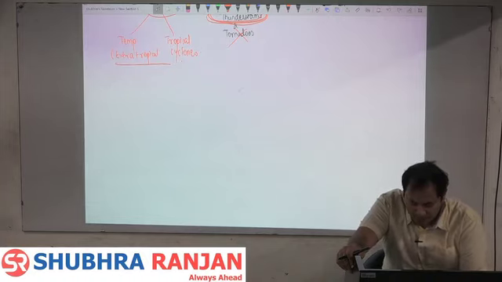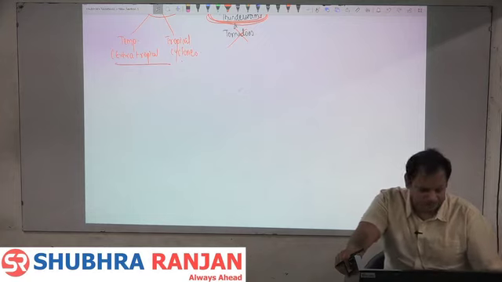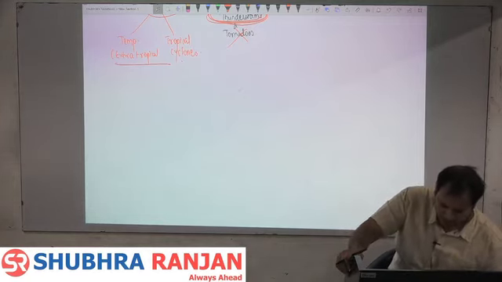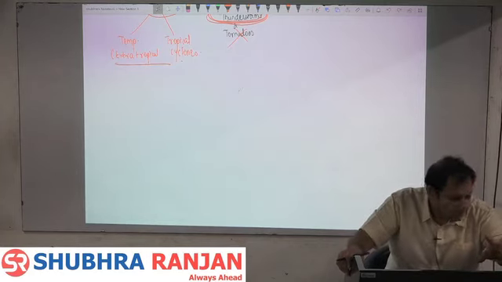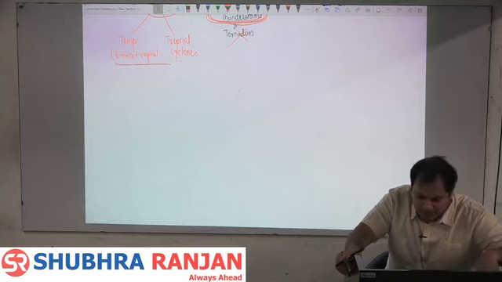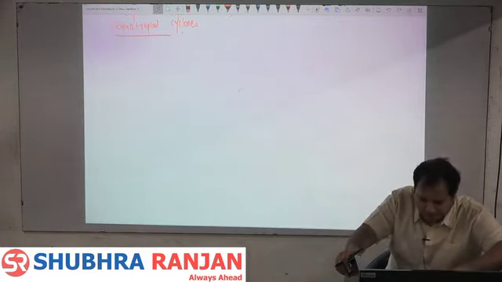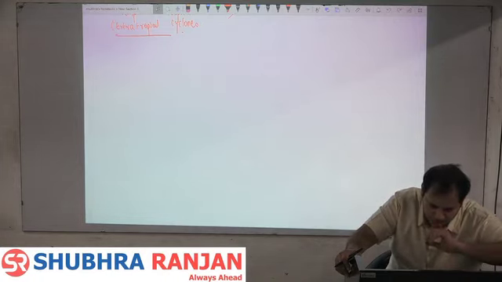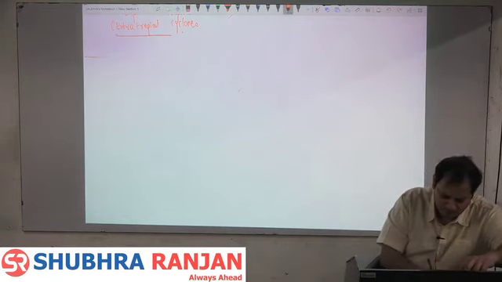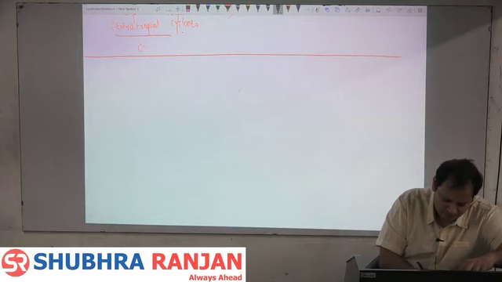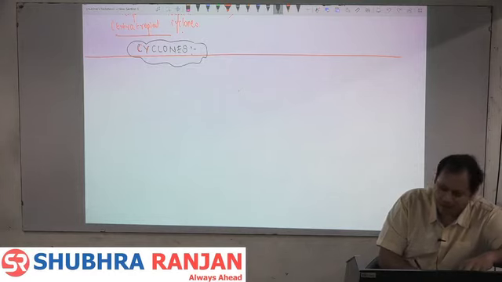When the winds on both the sides are blowing parallel to each other, then the front that is formed is known as stationary front. बस इतना ही line है stationary front.